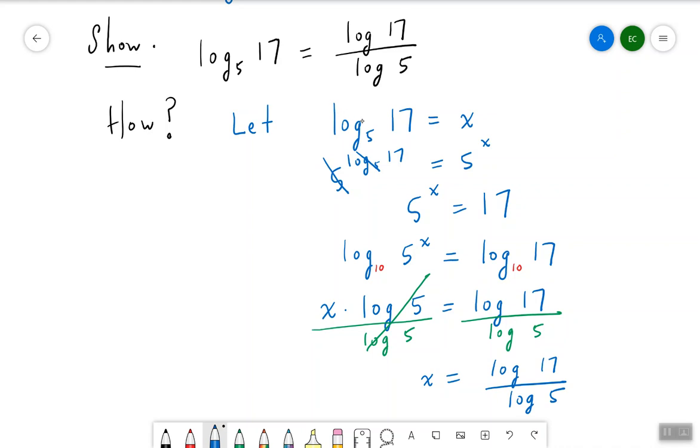So we started out with log base 5 of 17, and we called that x. And then we went through a series of steps, and we wound up saying that x is also equal to the common log of 17 divided by the common log of 5. Therefore, the two expressions, log base 5 of 17 on the left and common log of 17 over common log of 5 on the right, must be equal. And we're done.